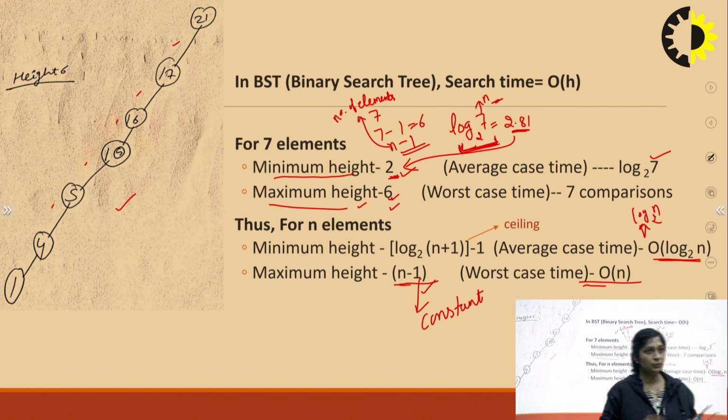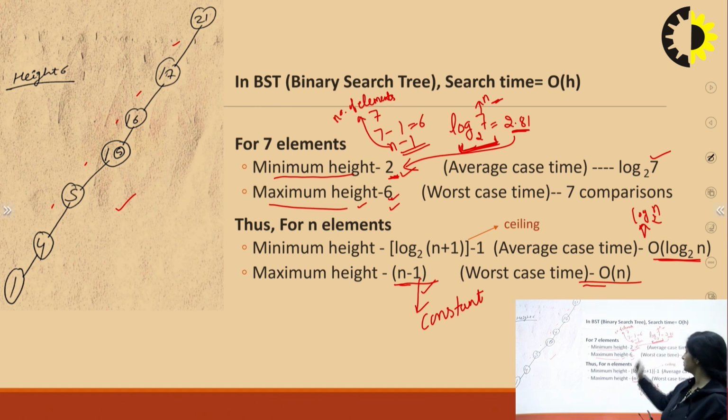It means in the worst case the time complexity is big O n, which is a limitation. While when we study the red black tree, the time complexity will be log n in all the cases: worst case, best case and average case. It means we will overcome this limitation of the binary search tree, which is in the worst case, in the red black tree.